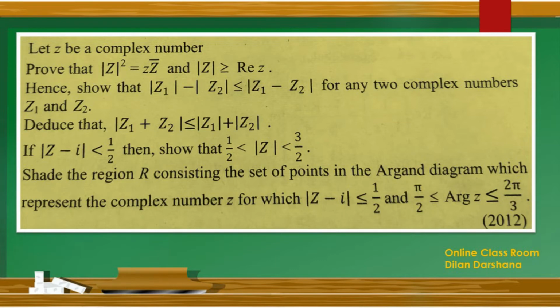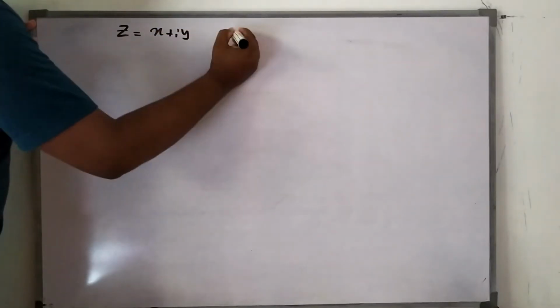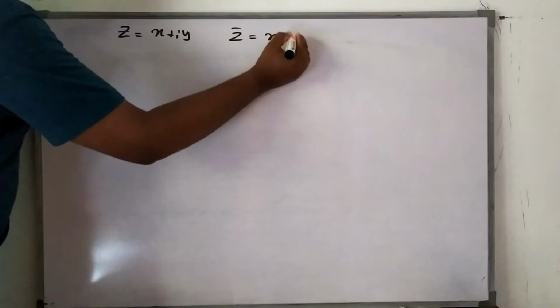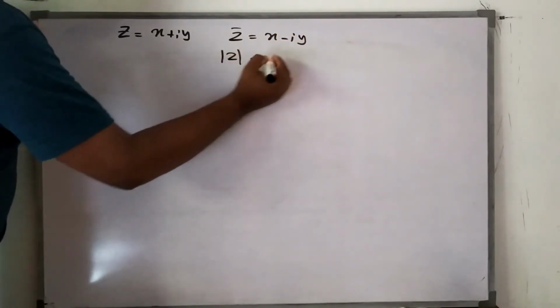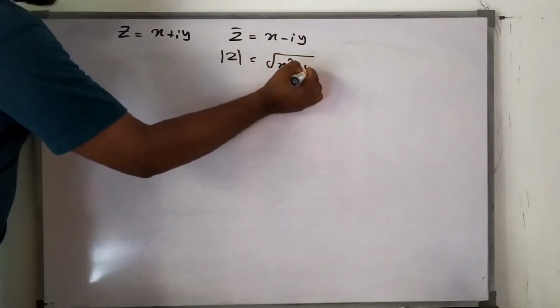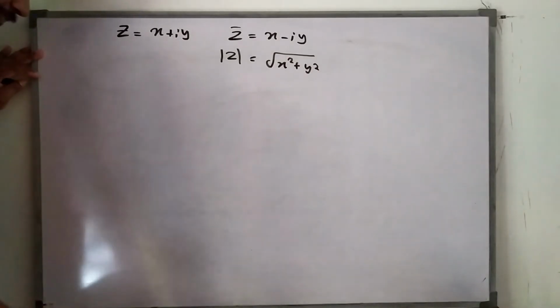This is taken from the 2012 A/L paper. Prove that modulus z square equals z into z bar, and modulus z is greater than or equal to real z. So how to prove that? Once z is x plus iy, z bar is x minus iy, and the modulus z is the square root of x square plus y square, right?